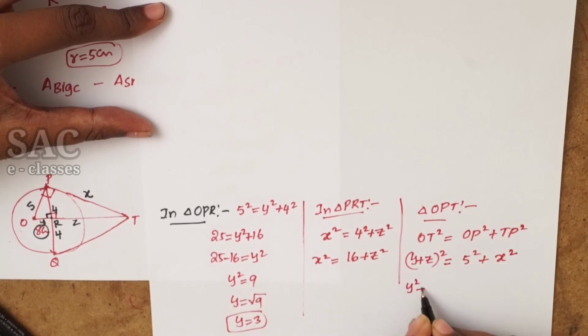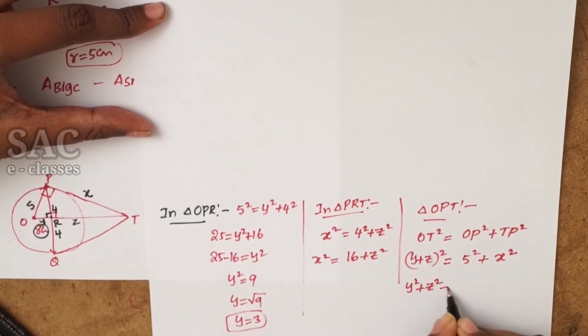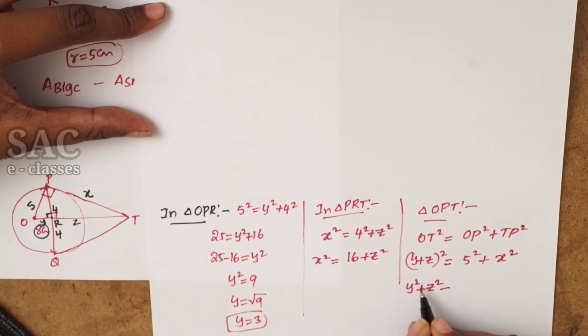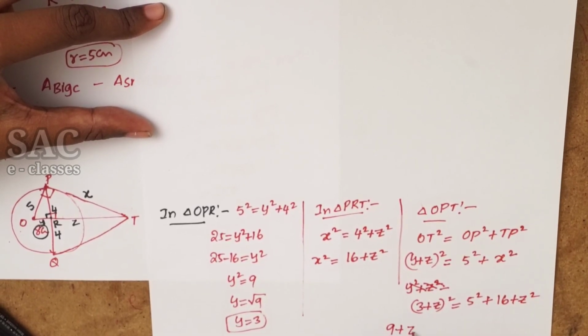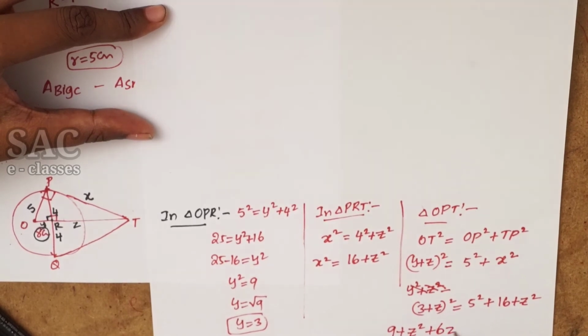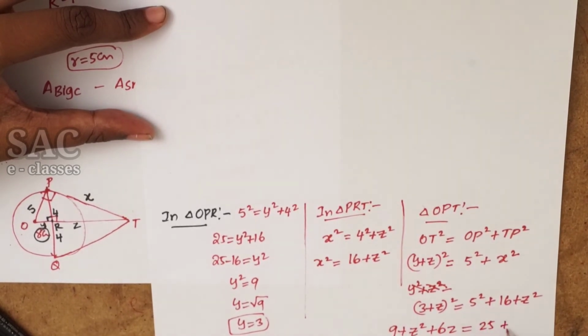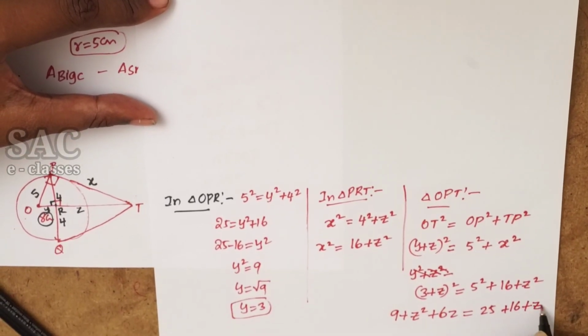The y value is anyhow 3, they have given. So 3 plus z whole square equals 5 square plus x square, which means 16 plus z square. So using a plus b whole square, 9 plus z square plus 6z equals 25 plus 16 plus z square.